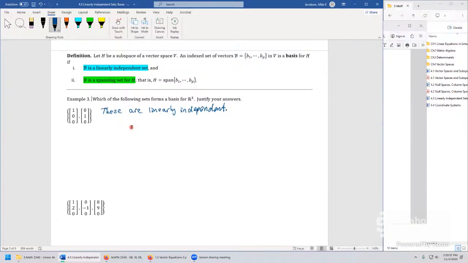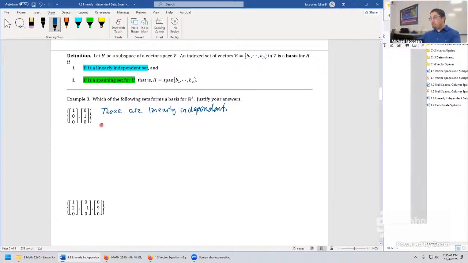Not a basis. Yeah, I agree. If it's linearly independent and not a basis, essentially you're saying it does not span. And that's absolutely the case for just these two vectors. In order for this set of vectors to be able to span, we would have to be able to put it into a matrix, and that matrix would have to have a pivot in every single row. So the span of this is not R3. We can say this is not a basis.